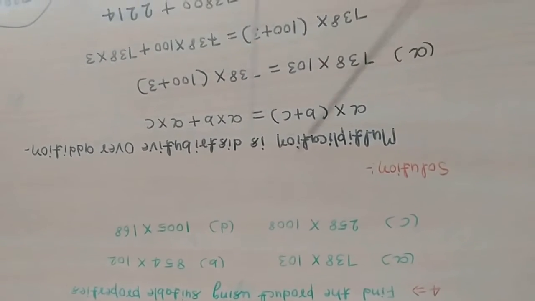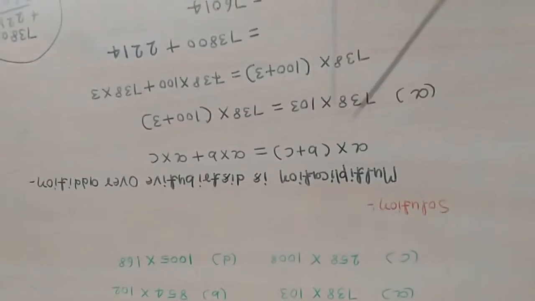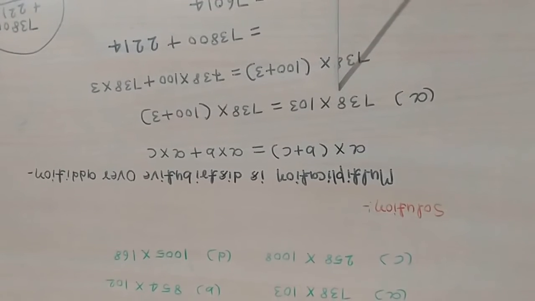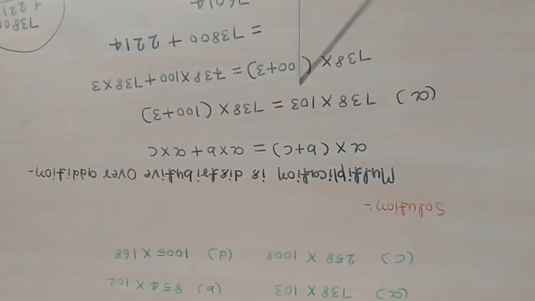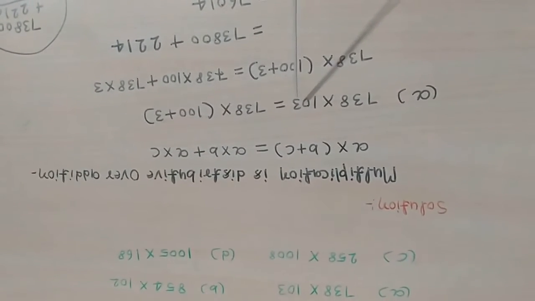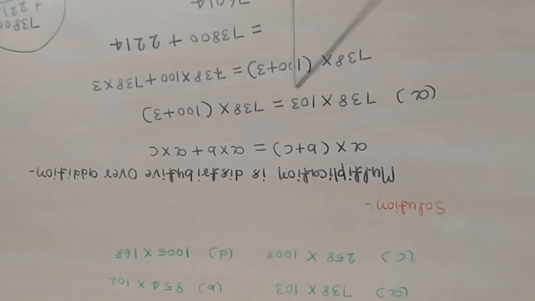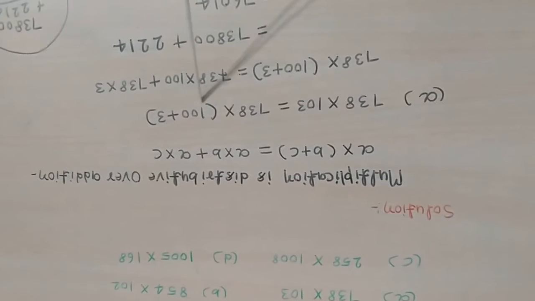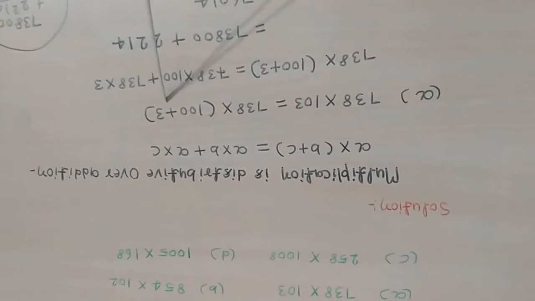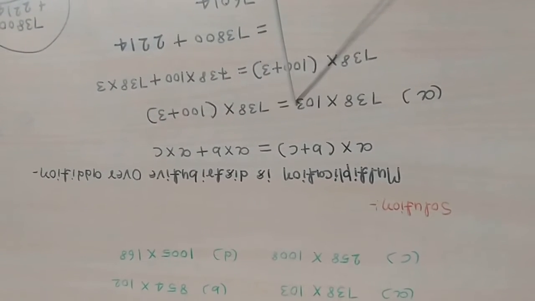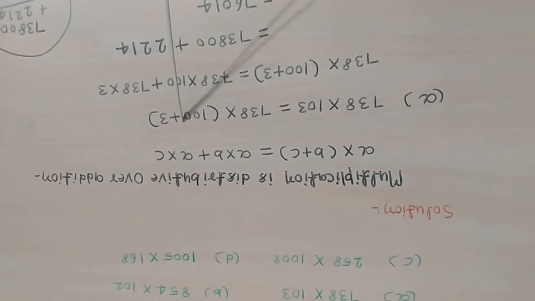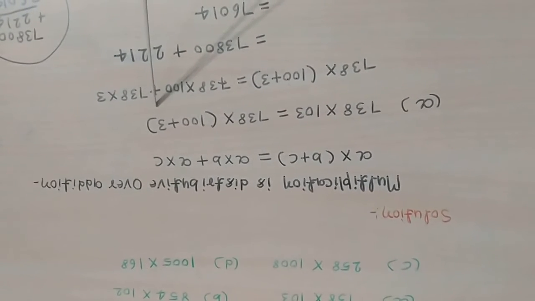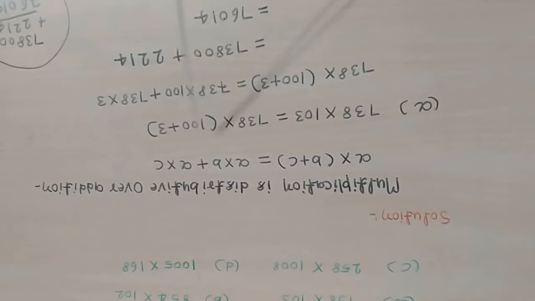So first, A part: 738 into 103. We break 103 into 100 plus 3.